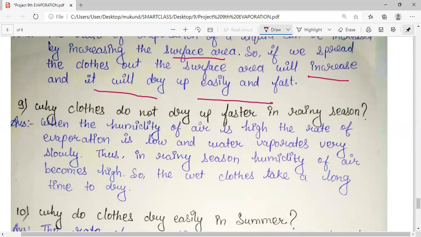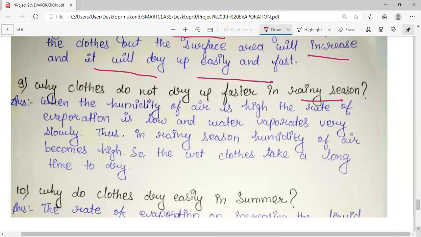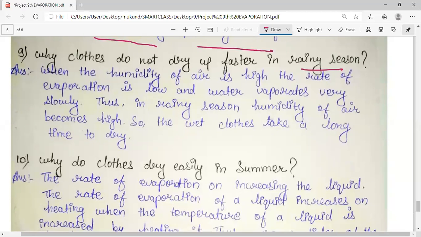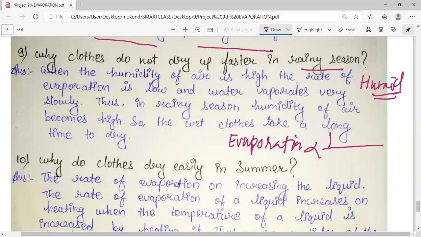Why do clothes not dry faster in the rainy season? During the rainy season, my dear students, the atmosphere is humid. We know that evaporation is inversely proportional to the humidity.